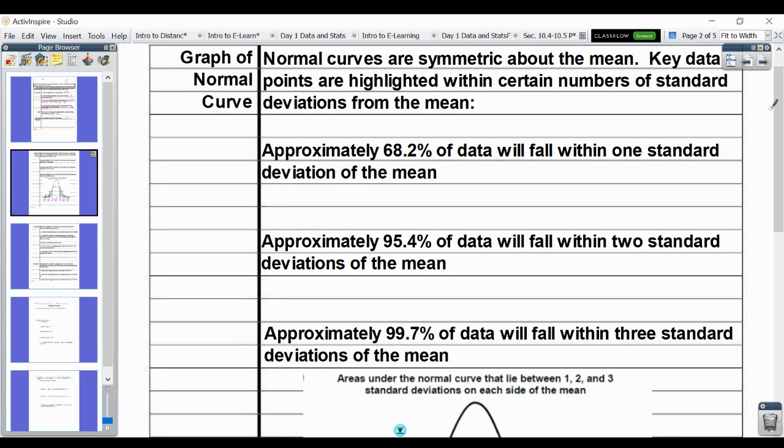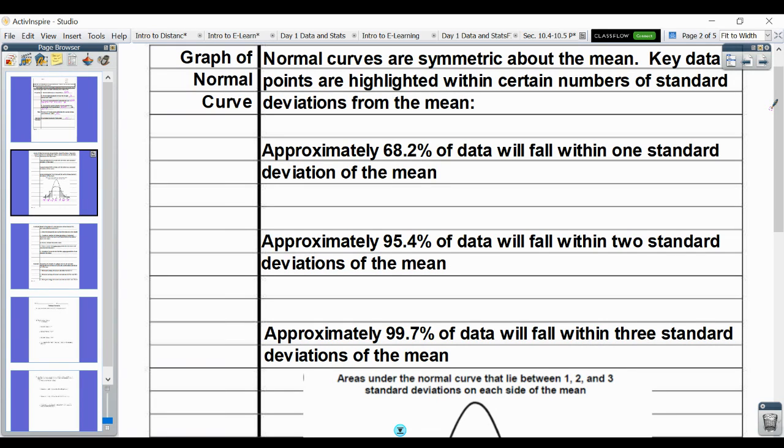So the graphs of normal curves are again symmetric about the mean, and they have key data points that are highlighted within certain standard deviations. So we talked about on the last page, there's a transition point between cupping upward and cupping downward. Anytime it's cupping upward, that interval will contain 68.2% of the data.